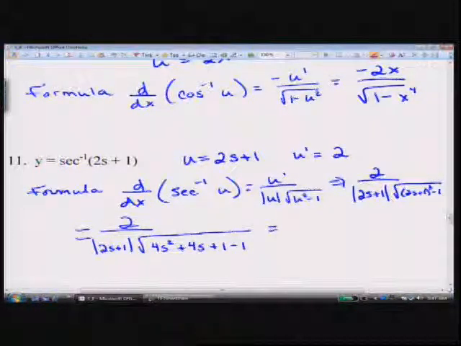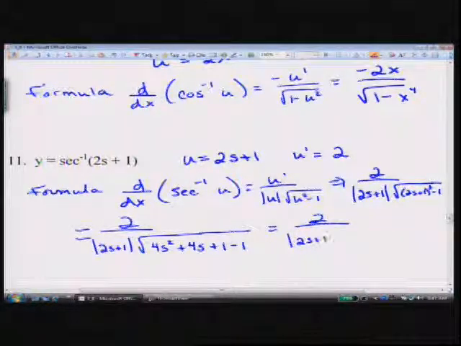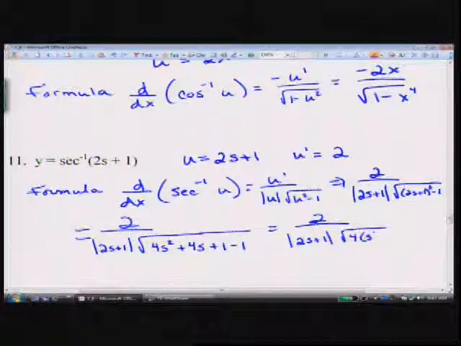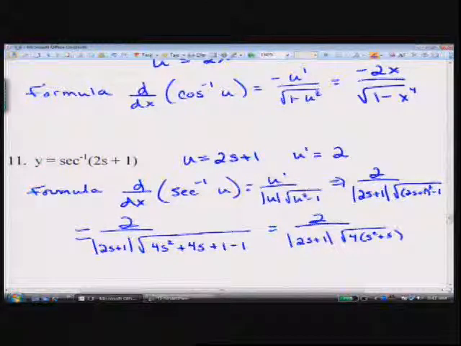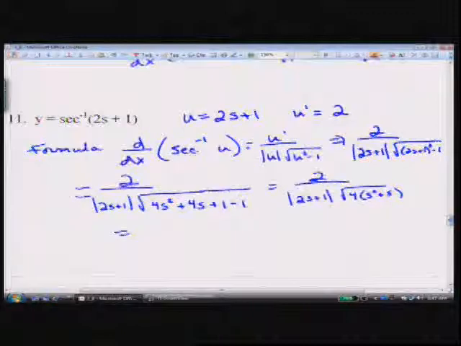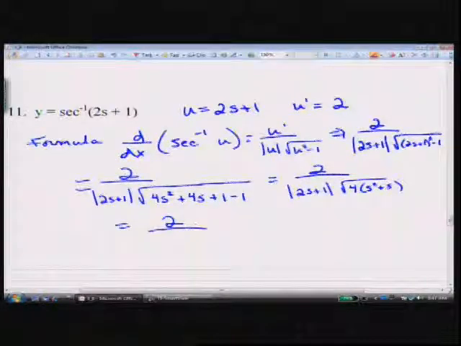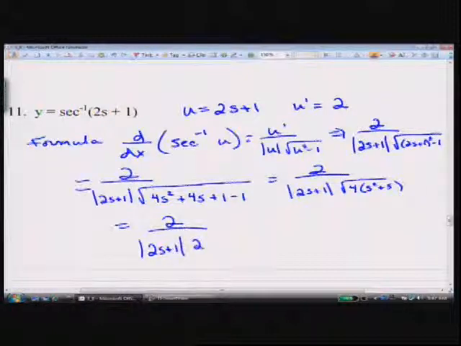So you can actually factor 4 out of that. So this is the absolute value of 2s plus 1 times the square root of 4 times s squared plus s. But the square root of 4 is 2. So you can think of this as 2 over the absolute value of 2s plus 1 times 2 times the square root of s squared plus s.